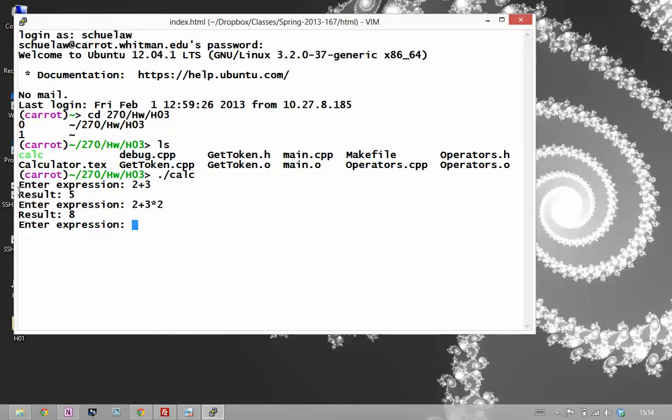Let's do parentheses, say (2 plus 3) times 2. Now I should get 10 instead of 8 because I have elevated the 2 plus 3 using the parentheses.